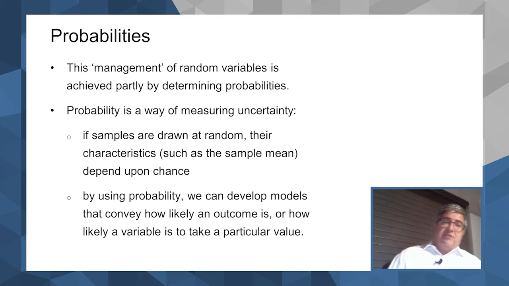So as it says in the slide, the management of those random variables is achieved partly by determining the probabilities of the different outcomes. And in most cases, obviously, never forget, and this is not in most cases, this is in every case, we are trying to control the future. But we can't control the future.